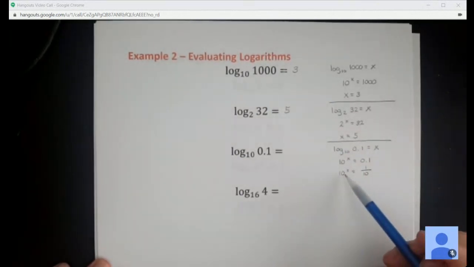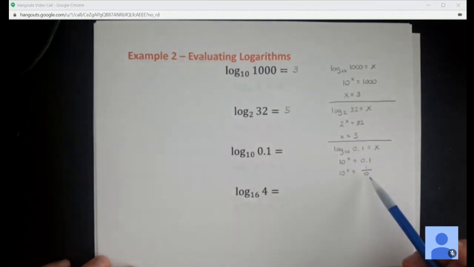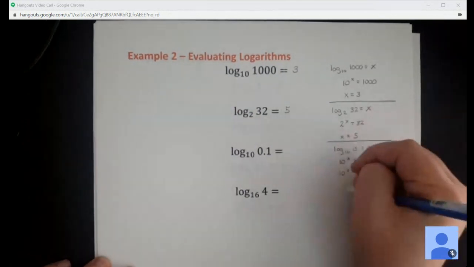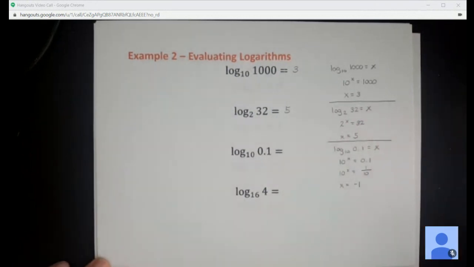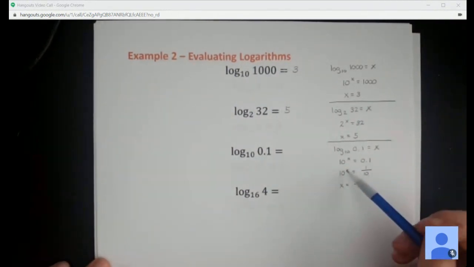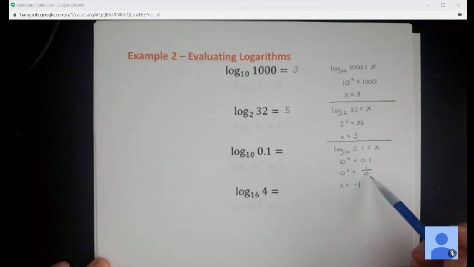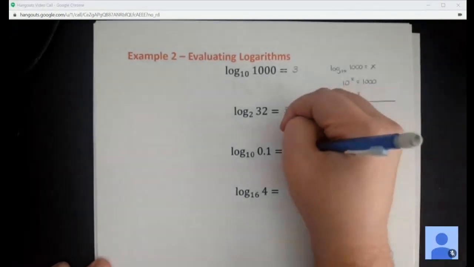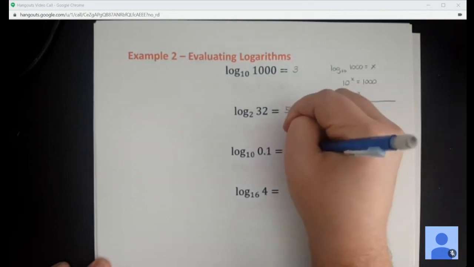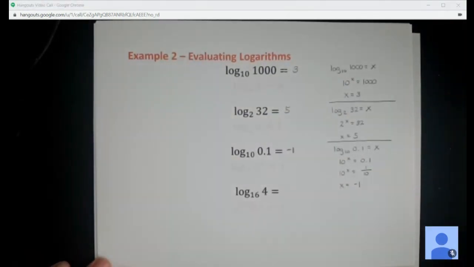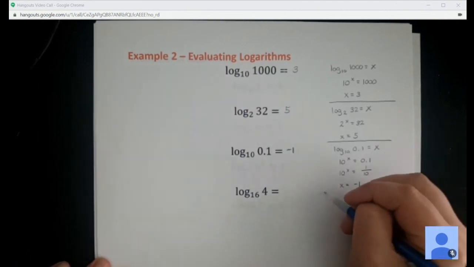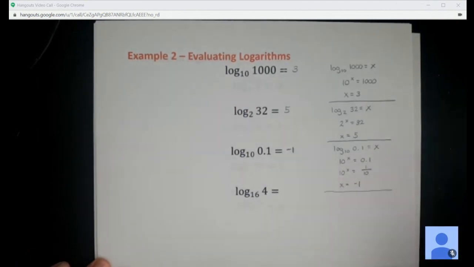And so if I want to move this to the denominator, but to the first power, right, then my x value this time just needs to be -1. Because 10 to the -1, I would move that to the denominator, it would become 10 to the first power, and that would give me 1/10. So now I know over here, this log should just be equal to -1. Any questions on that one now?